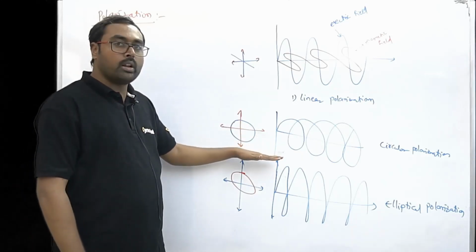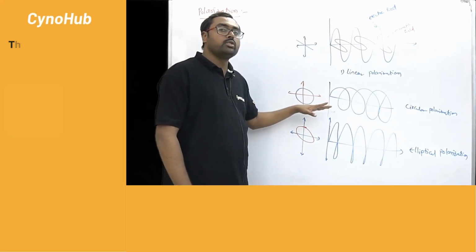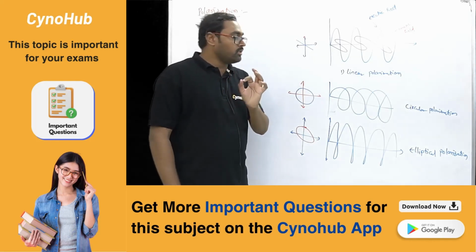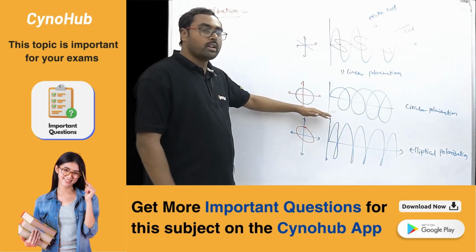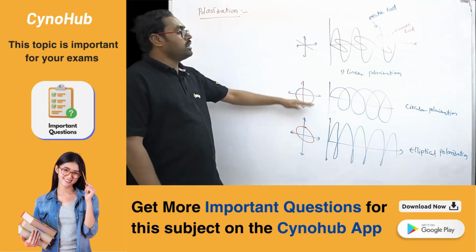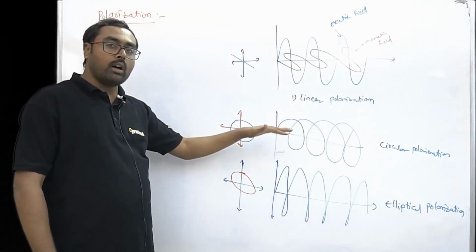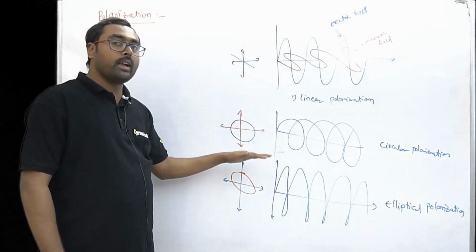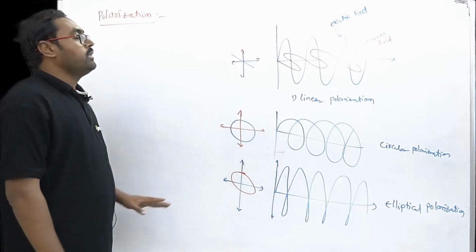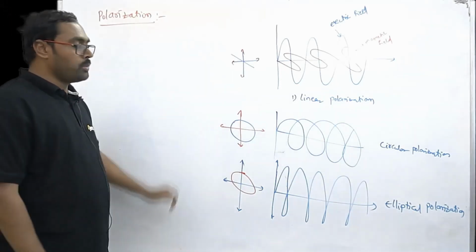Means in circular polarization, the two perpendicular waves have the same magnitude with a 90 degrees phase shift along the plane. That polarization we call circular polarization.